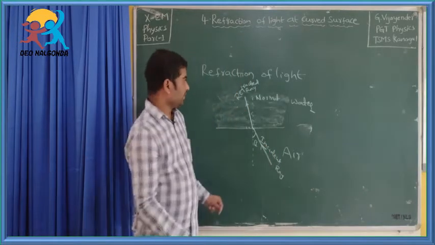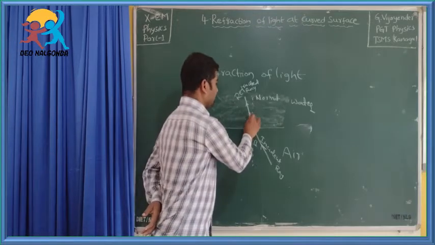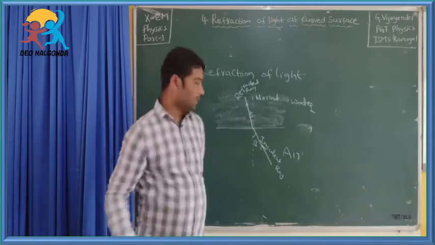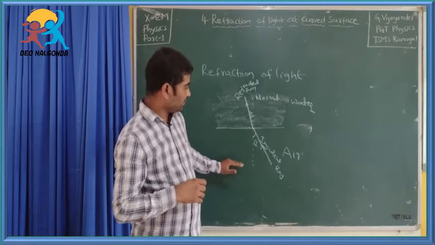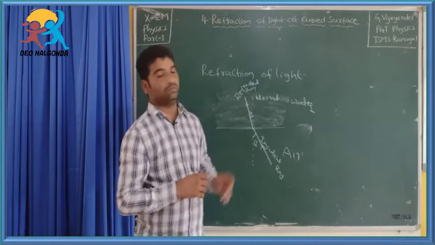Incident ray. The angle between the refracted ray and normal is called angle of refraction, denoted by the angle R. Here, when the light ray travels from air to water, the refracted ray bends towards the normal.